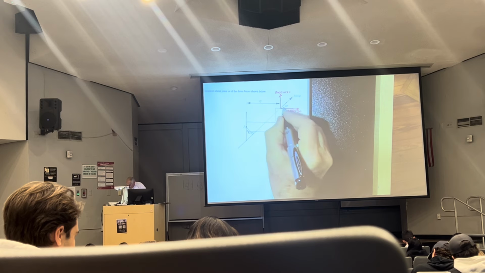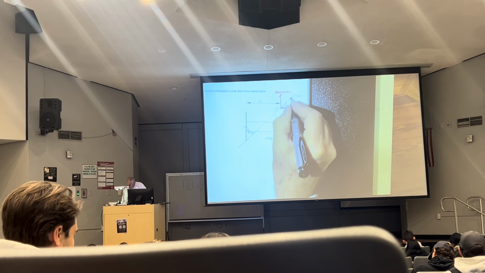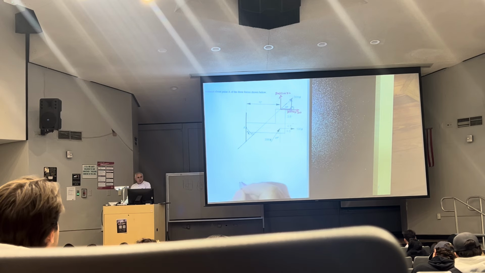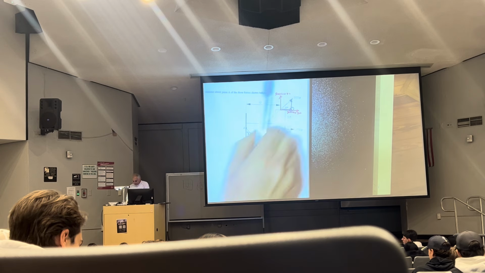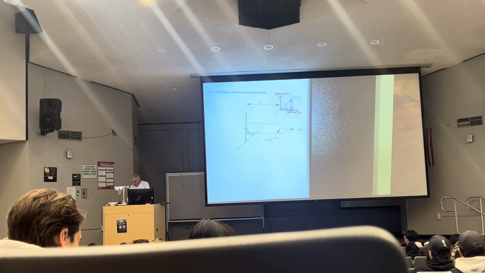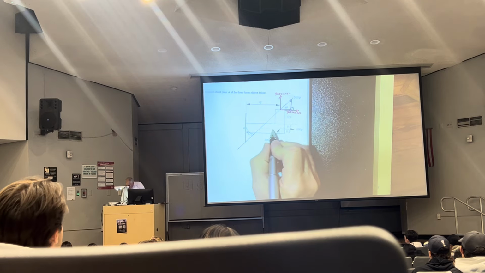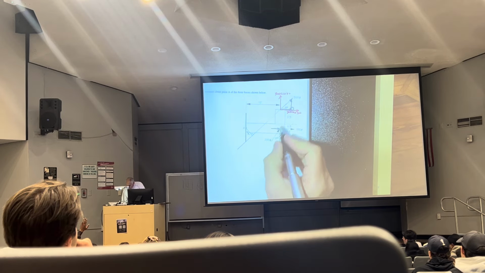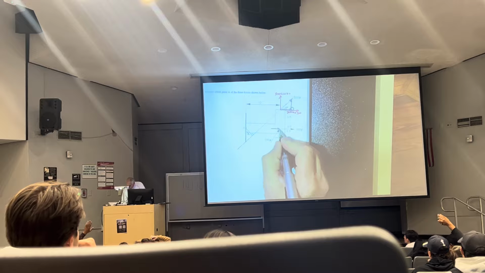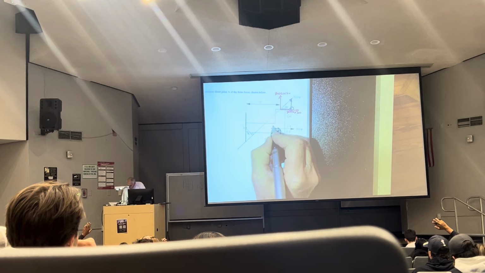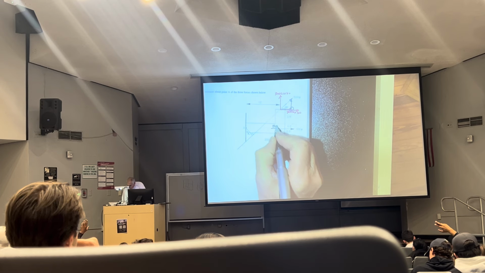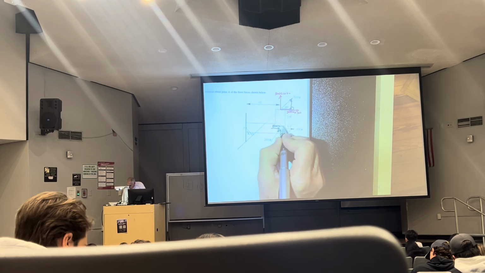Again, this is like saying this, head to tail. I can put it here or I can put it there. I'm going to put it there. Over here, I can say there's an x and a y. This is going to be 200 cosine 20. This is 200 sine 20.